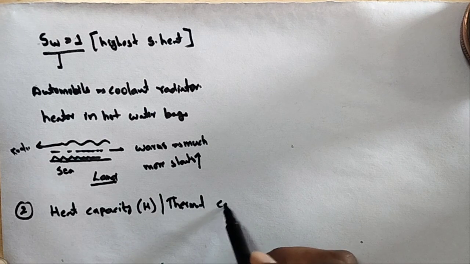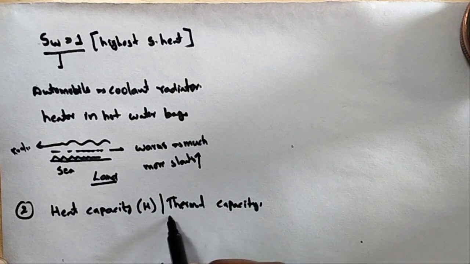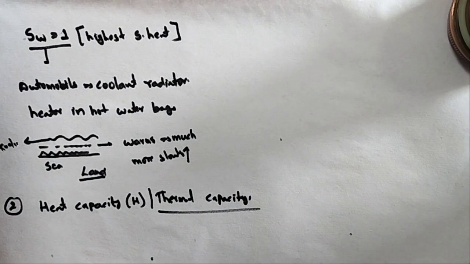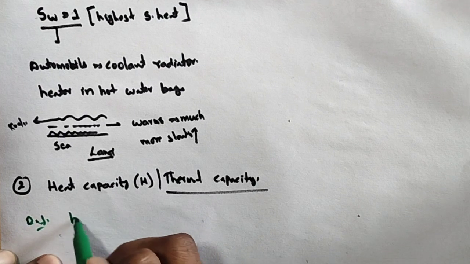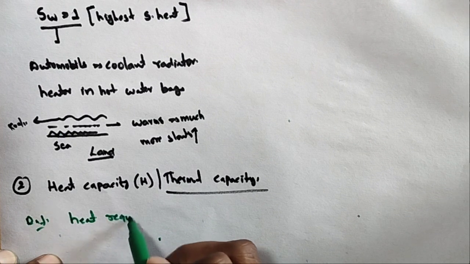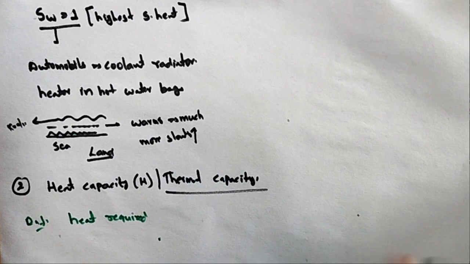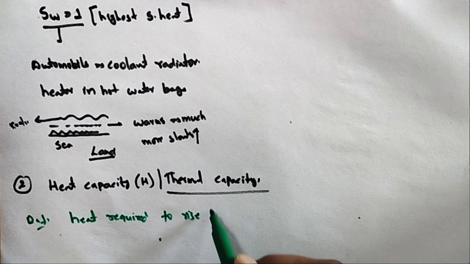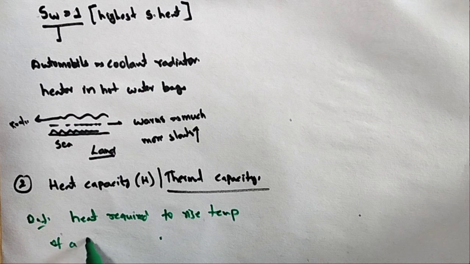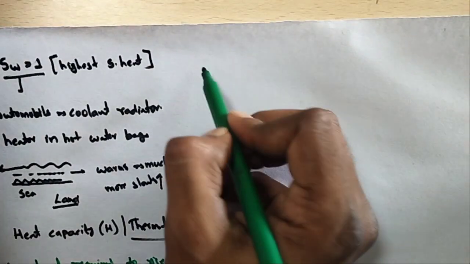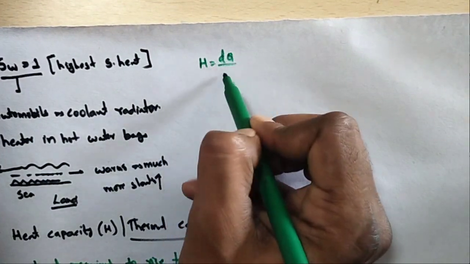I will write the definition: the quantity of heat required to raise the temperature of a body through 1 degree C is called the heat capacity of the body. So capital H is equal to dq by dt.